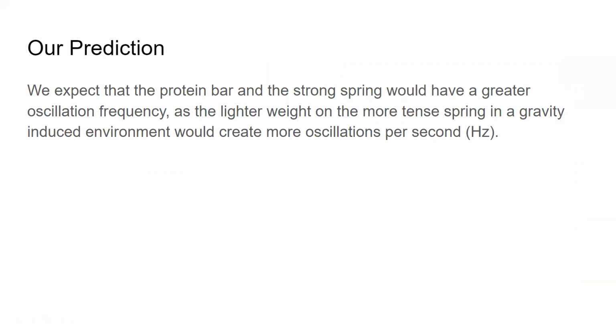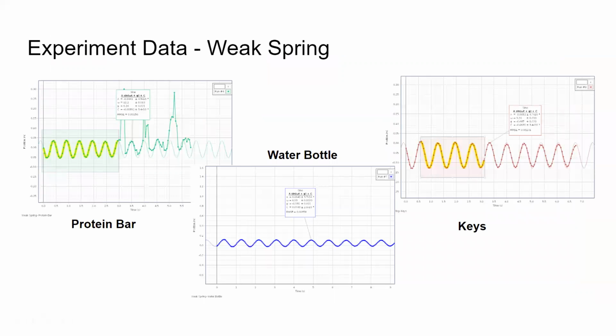Our prediction is that the protein bar and the strong spring would have a greater oscillation frequency, as a lighter weight on the more tense spring in a gravity-induced environment would create more oscillations per second, this unit being hertz.